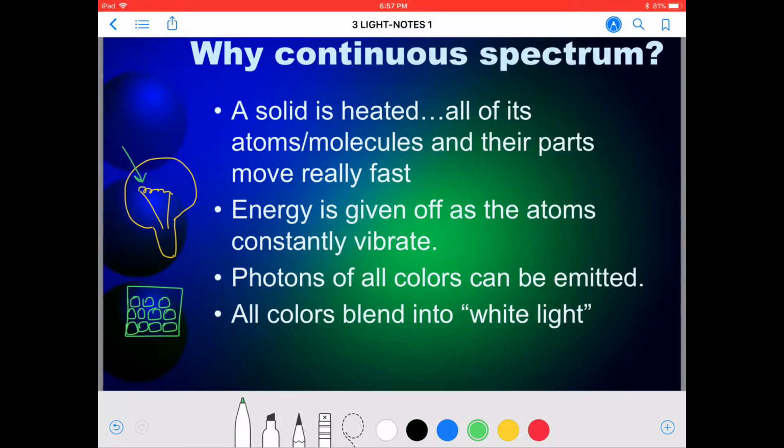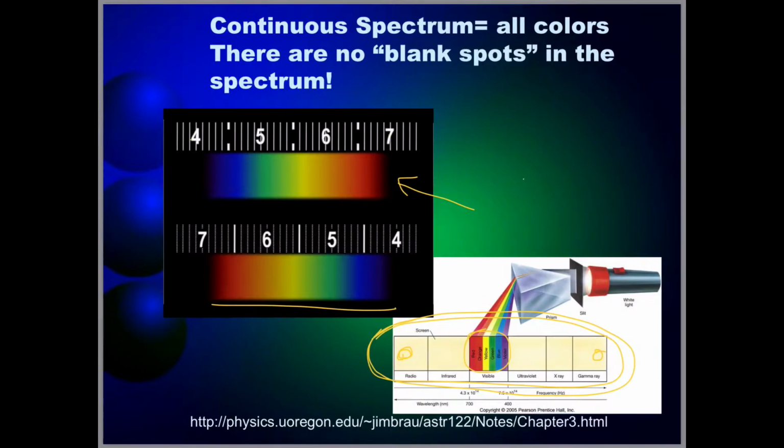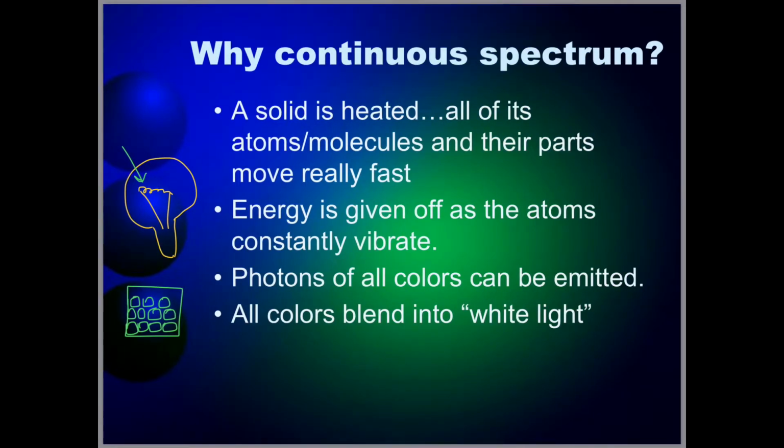If I now heat up this solid, it's still a solid, but it's moving even faster. When it moves really fast, the energy is given off and the atoms are constantly vibrating. Because of that vibration, you can see all of the colors of the rainbow instead of just specific sections. So that's where the continuous spectrum or the rainbow comes from with this white light.